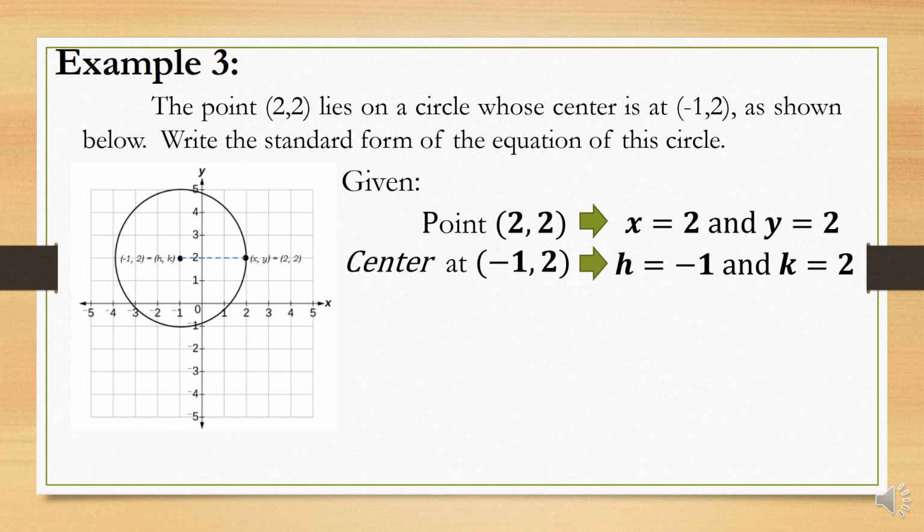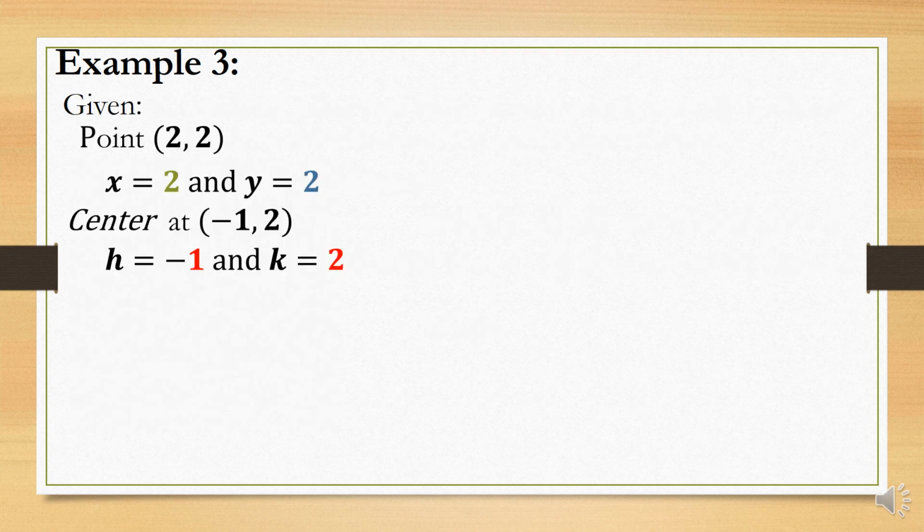Now, we need to find the radius of the circle. This is really what we look for first so that we can find the equation of the circle in standard form. Let us now solve for the radius, since we already have the point on the circle and the center of the circle.